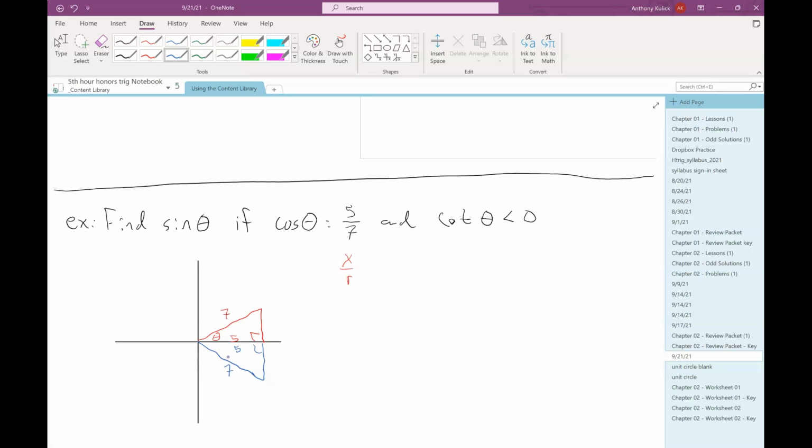But looking at the cosine alone, it's not entirely clear which triangle I should care about. The way I'm going to determine that is using this additional piece of information that the cotangent is negative. I remember that cotangent is x over y. In our case, I know the x is 5.